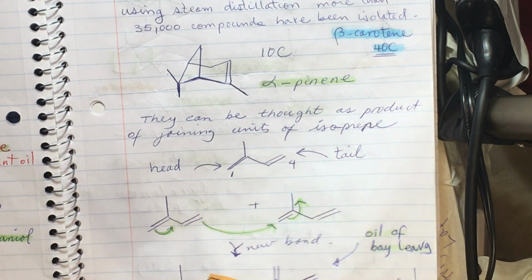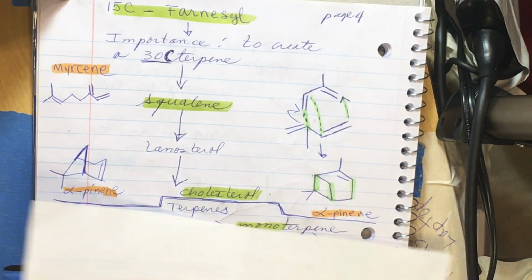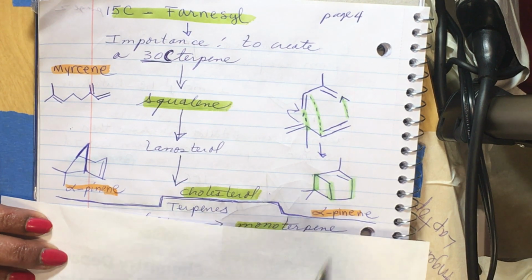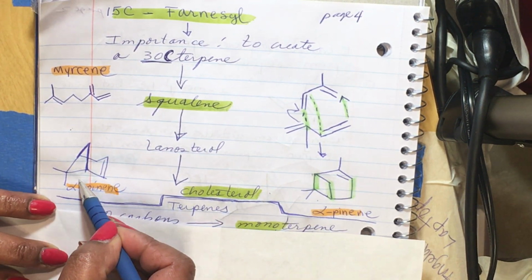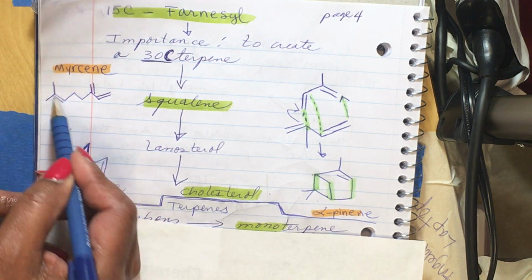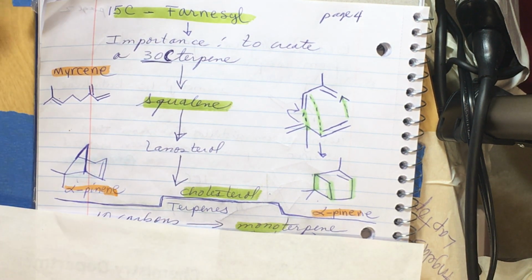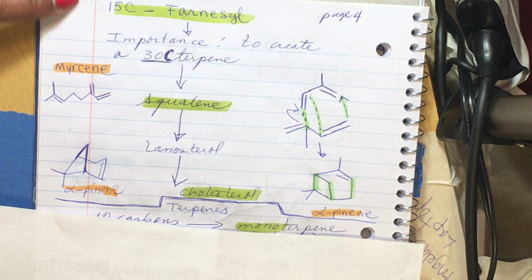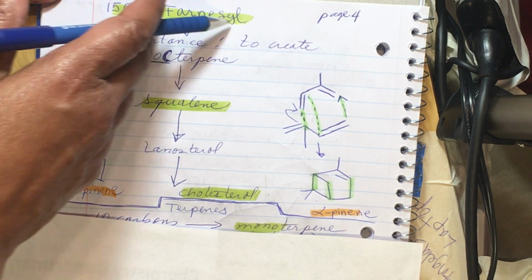Continuing with the discussion, so we say that it can combine in 2 different ways. It can combine to make a cyclic one. I did the drawing twice so you guys can see it, and it can also combine to make an open chain. But what is the importance of this? After adding 5 carbons each time, we can increase to produce one that is a 15 carbon unit called farnesyl.